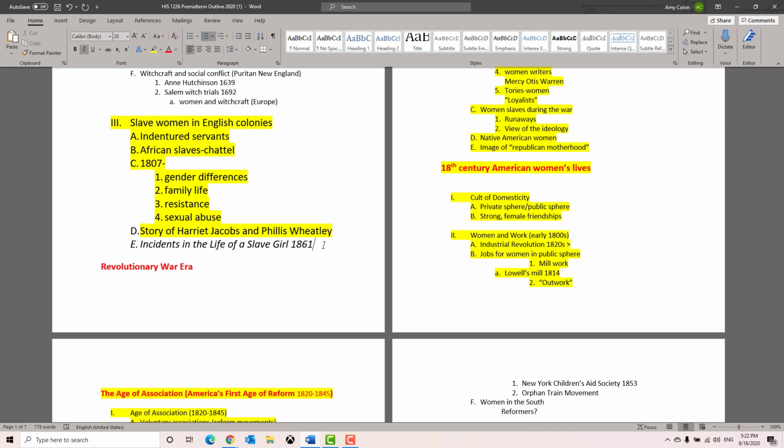In that book, Harriet Jacobs openly discusses the sexual harassment she endured as a slave from Dr. Norcom. She changed his name in the book to Dr. Flint. So she talks about this Dr. Flint. She's really talking about Dr. Norcom.